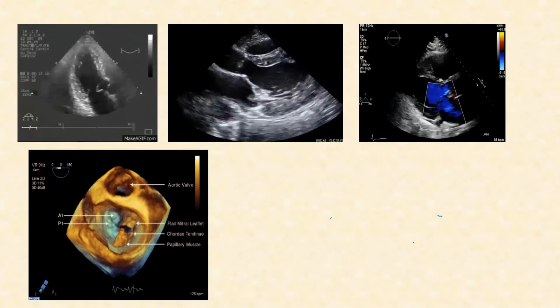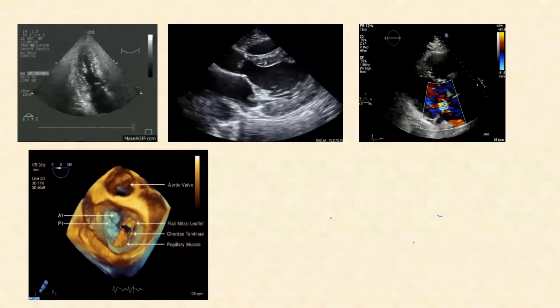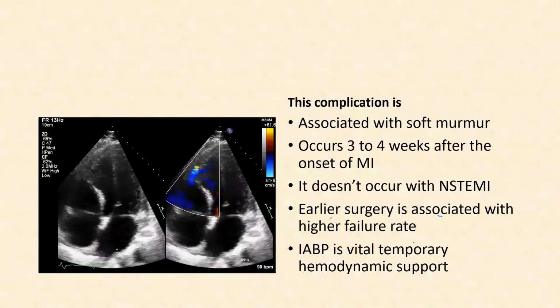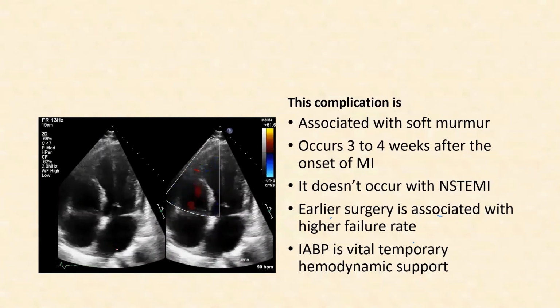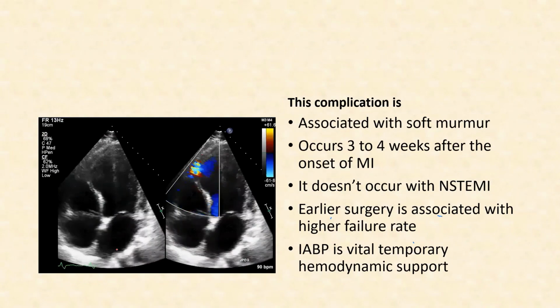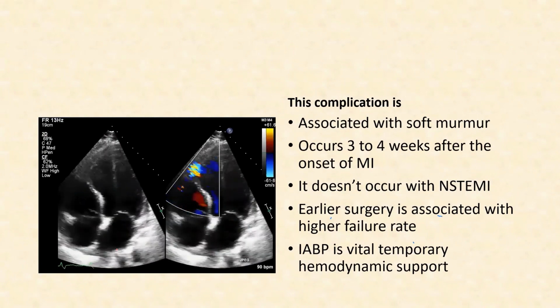And by 3D, you could demonstrate the cord and the papillary muscle quite clearly. Okay. Now, this complication, the one you see on the left, is associated with a soft murmur, occurs 3 to 4 weeks after the onset of MI. It doesn't occur with non-STEMI. Earlier surgery is associated with a higher failure rate.